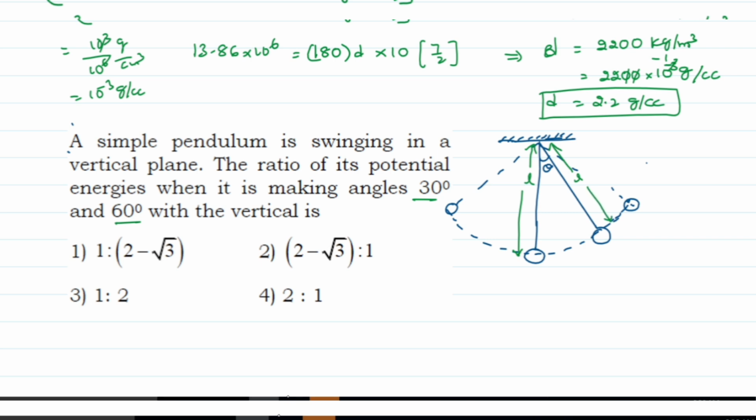And the potential energy formula, generally the gravitational potential energy, U equals m into g into h you are taking. Height we just calculate first.